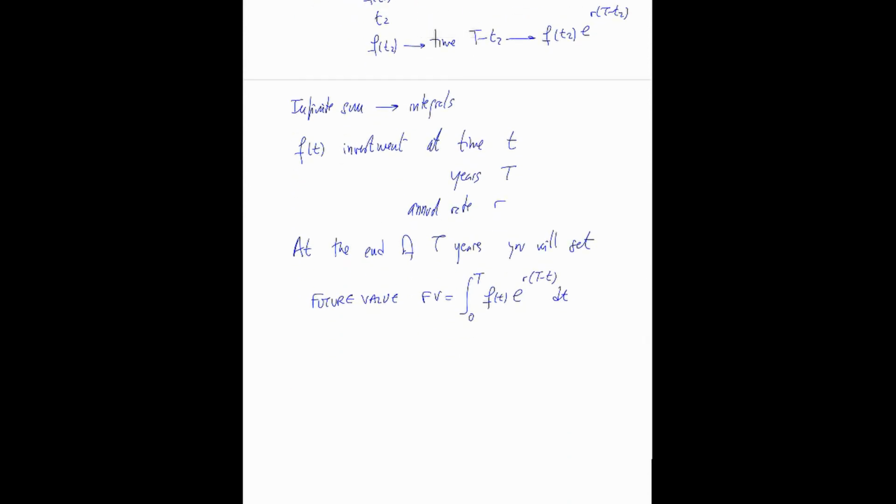Remember, if you invest at time t, the time this money is invested is capital T minus t, hence the formula. You can also take e to the rT as a common factor out of the integral, and that will be e to the rT times the integral from 0 to T of f of t e to the minus r t dt.